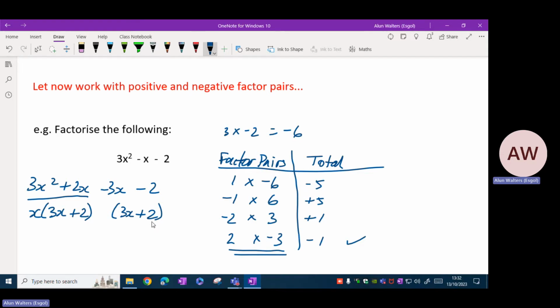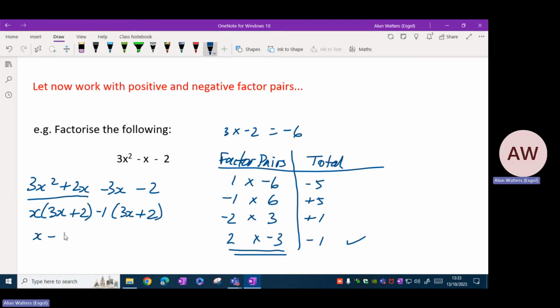And then I ask myself, what do I multiply this plus 2 by to give me negative 2? And it's a negative 1. Okay, so the usual thing then, negative 1.